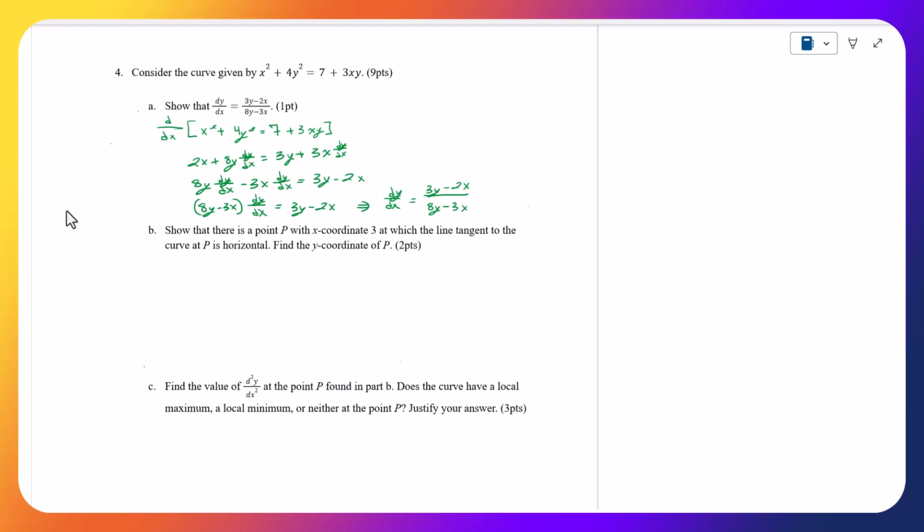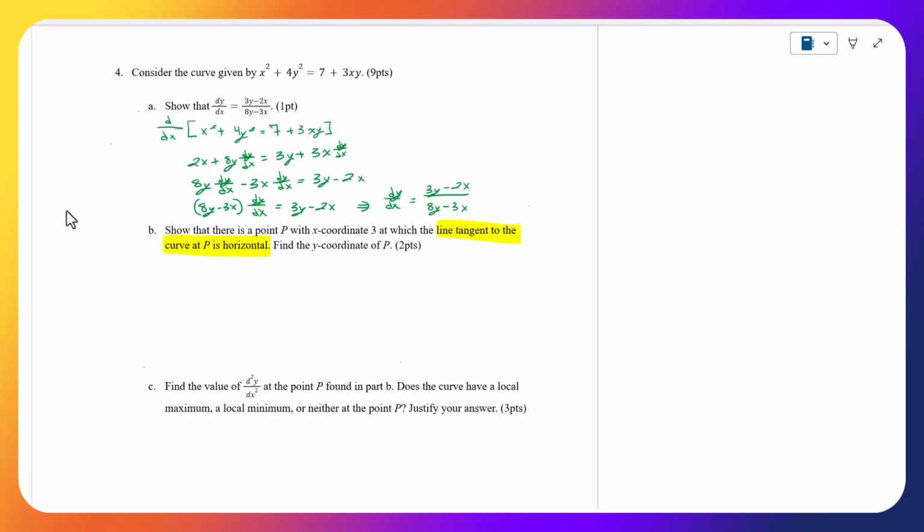Okay. Part B, it says show that there's a point P with x coordinate 3 at which the line tangent to the curve at P is horizontal. All right, let's start with this piece right here. This question is worded really trickily, but it's actually not that bad.